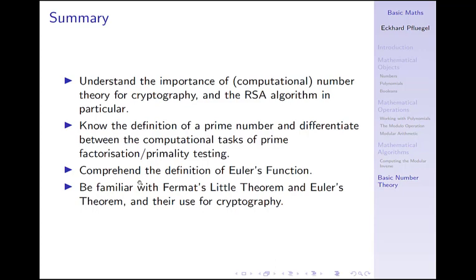As you have seen, modular arithmetic is involved, and that's going to be one of the key ingredients for building and constructing keys for the RSA public key encryption algorithm. Furthermore, you've seen what prime numbers are, and the difference between factorizing them, which is difficult, and testing whether they are prime, which is easier on the computer.